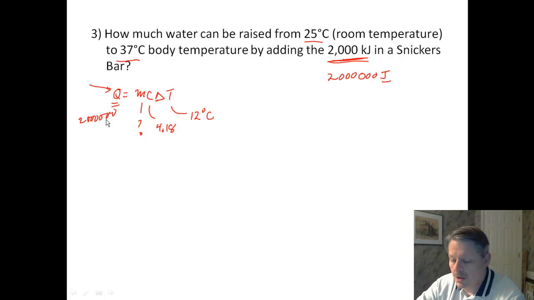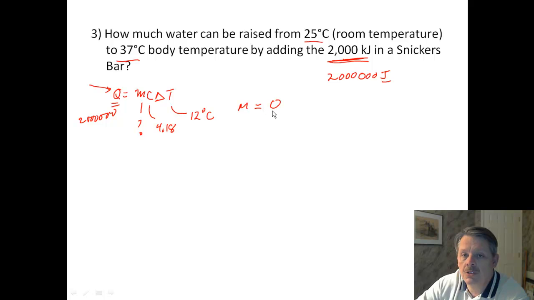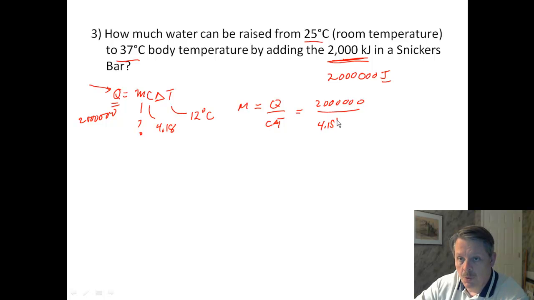All right, so now if I take 2 million, that means I have to solve for m. So if I solve for m, that's Q over C times delta T, which is equal to 2 million divided by my specific heat, which is 4.18, divided by my change in temperature. My change in temperature is 12 degrees Celsius. Right?